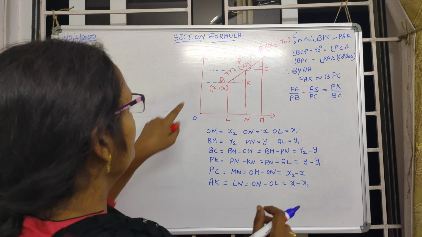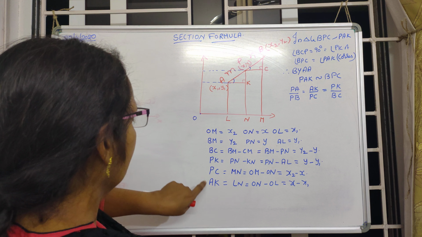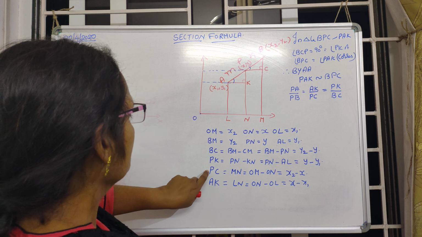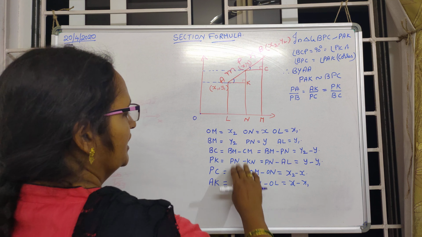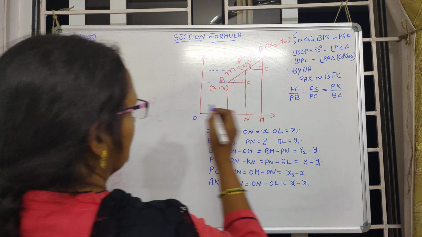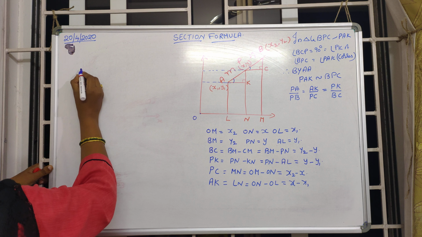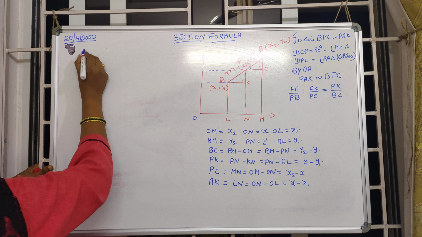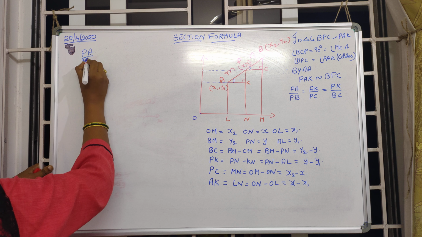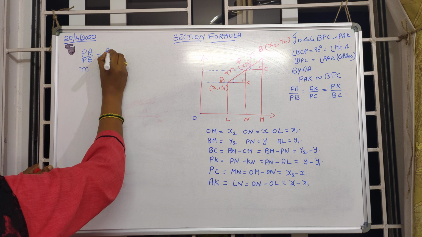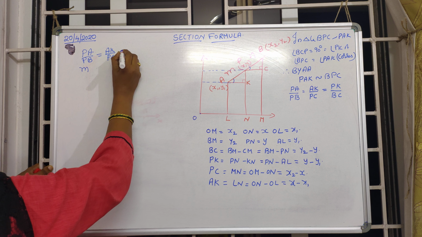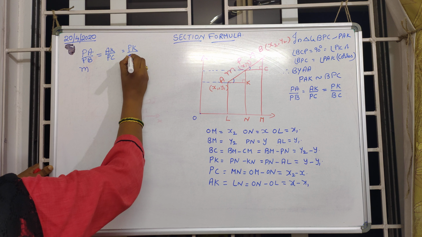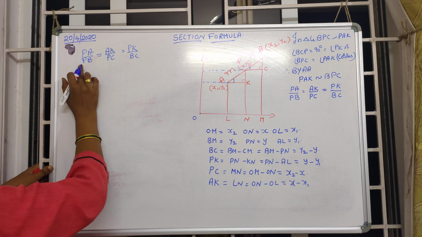Once we check it out, PA is m. AK already we got. PC we got. PK we got. BC we got. Now substitute all the values in this formula. Now here PA is dividing a ratio, PA by PB equal to AK by PC equal to PK by BC. Now I am substituting the values.